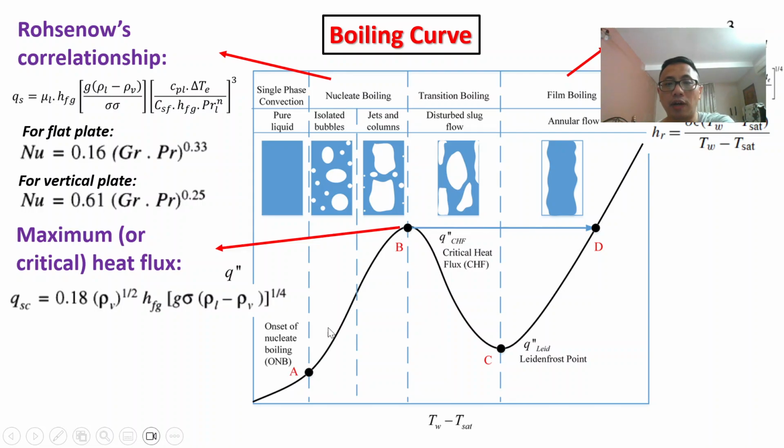The boiling between point A and point B can be separated into two phases. In the first phase, isolated bubbles are formed, but the bubbles usually do not reach the surface of the liquid, because they condense back into the liquid again.